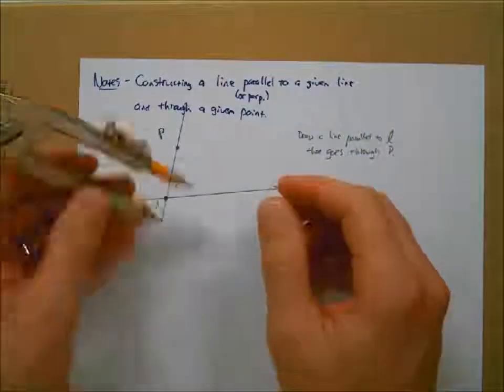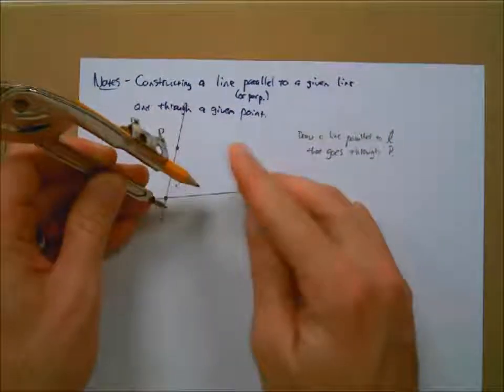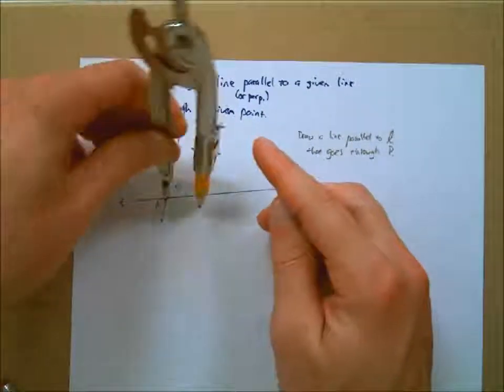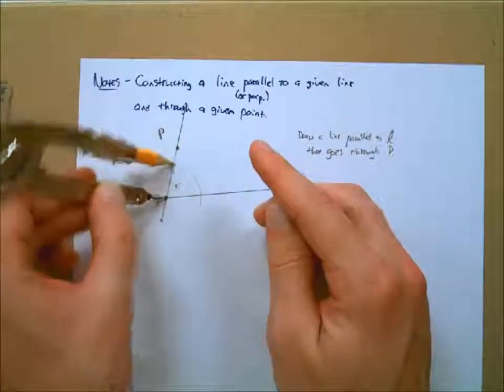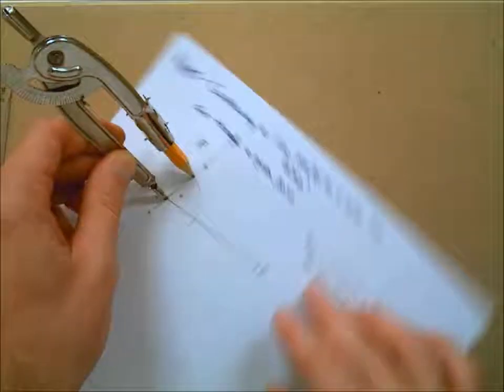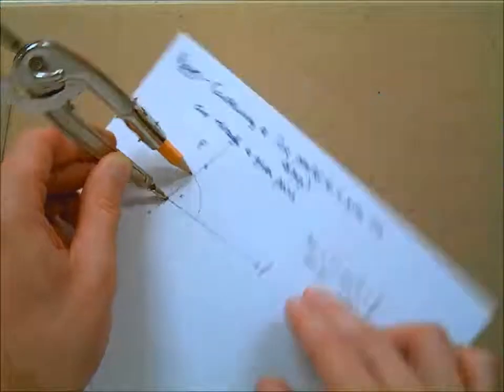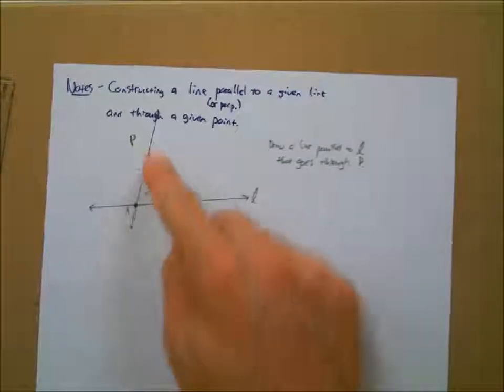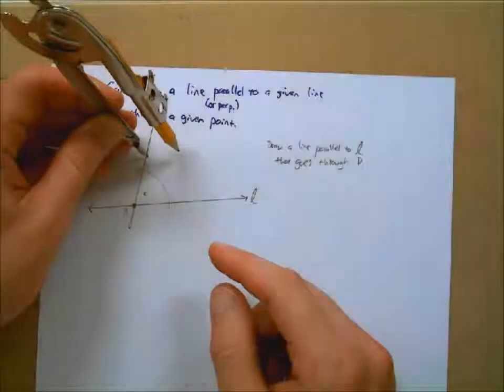So, copying of an angle, right? We remember that. You take your compass, and then you swipe so that you hit both sides of your angle. And if you need to, you can turn your paper. If you don't want to have to turn your compass, you can just turn the paper. We'll do the same swipe up here at point P. Same kind of swipe.